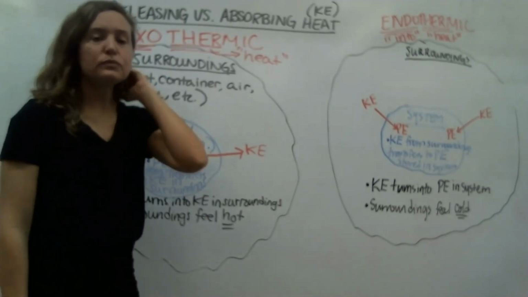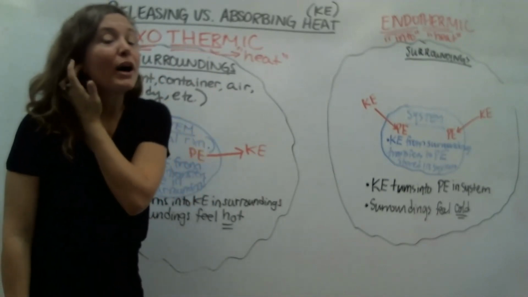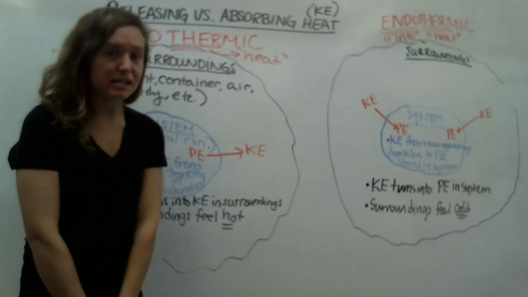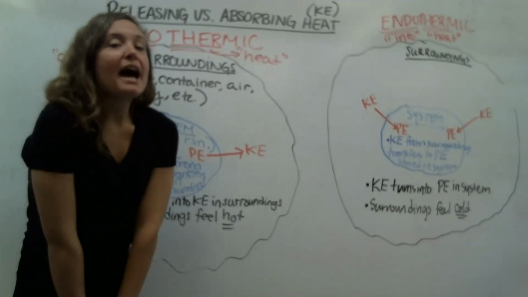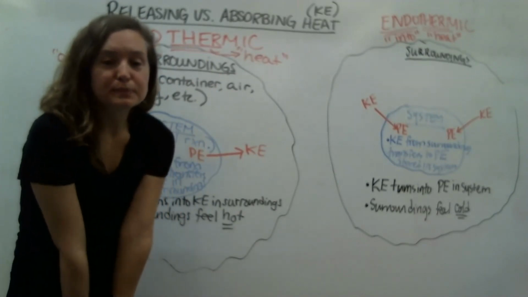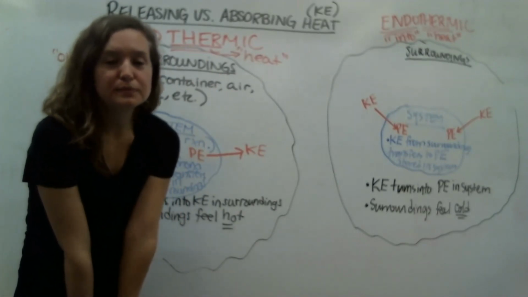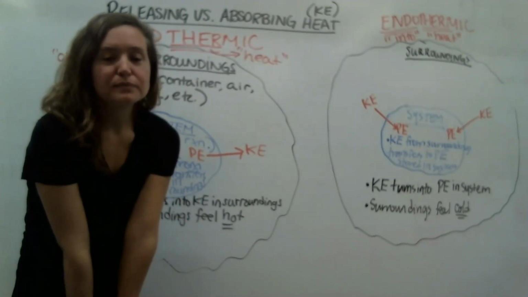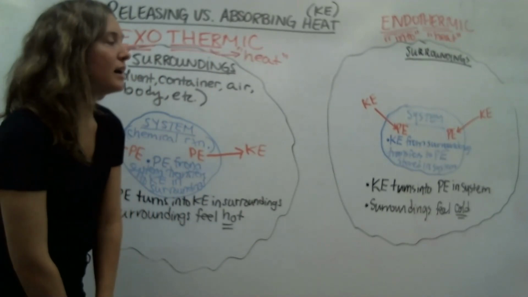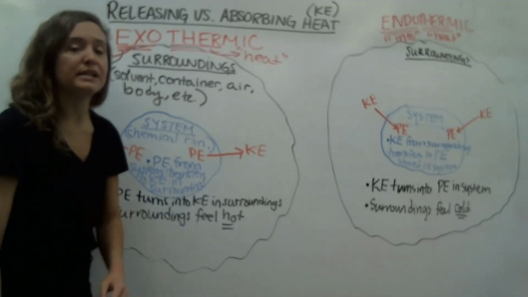Okay. So then boiling water in a pot, if the water in the pot is the system, is that endothermic or exothermic? Boiling water in a pot, the water is the system.